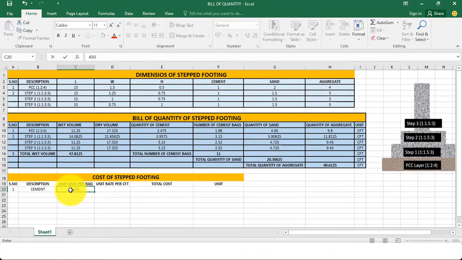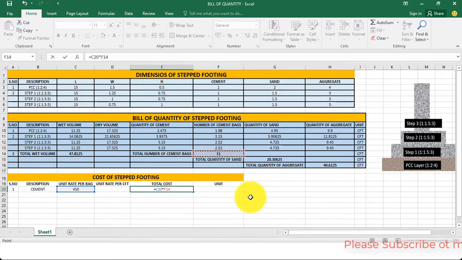Now I have to find out the cost of cement bags. And I have already found out in the first part of the bill of quantity that for this particular step footing, I will need 11 number of cement bags. Okay. So here I will put equal. And then I will multiply unit rate per bag, which is 450 rupees, with the total number of cement bags, which is 11.